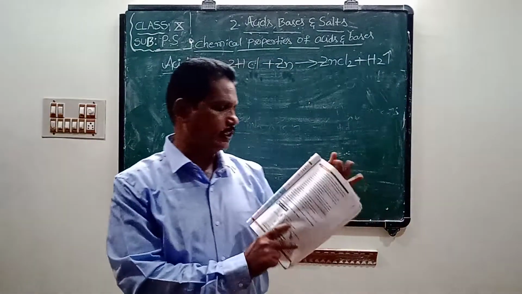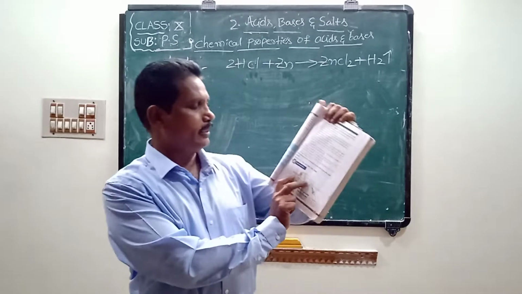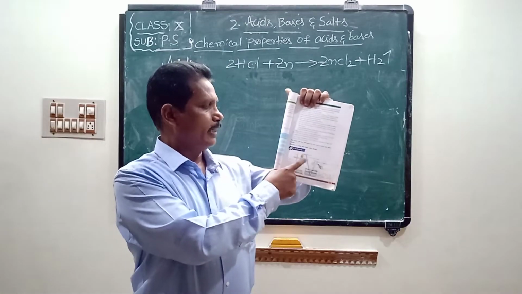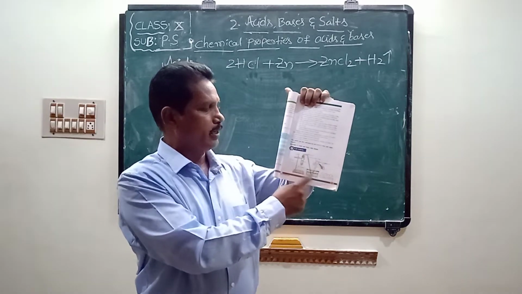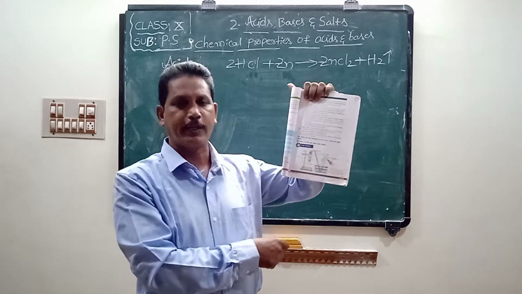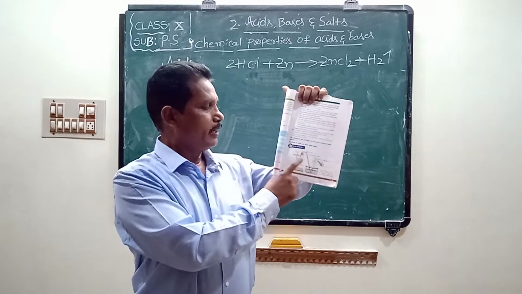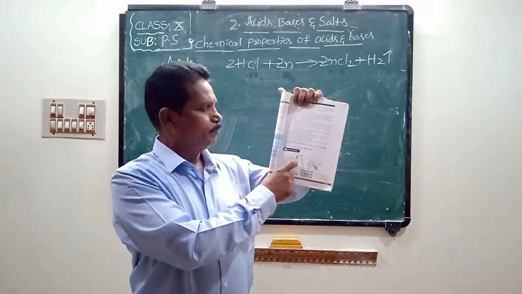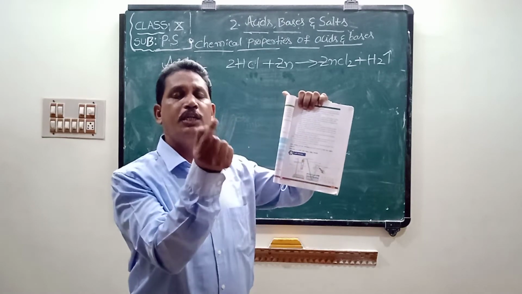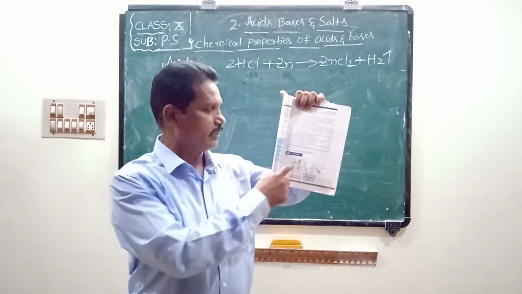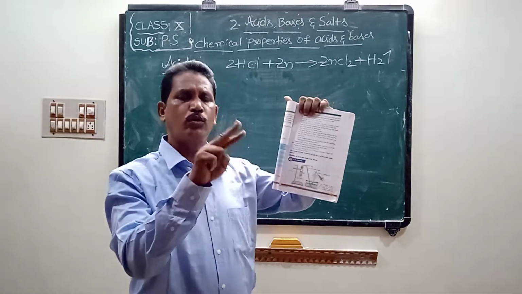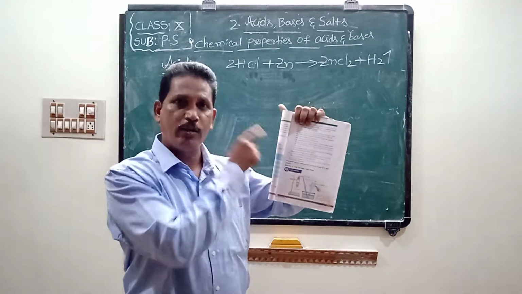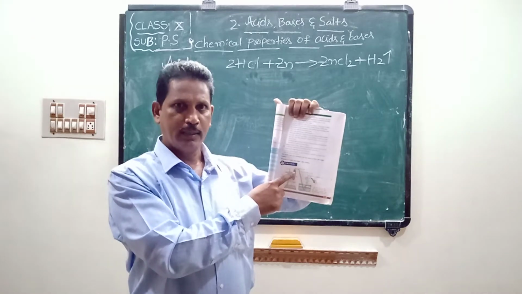Here, see in our textbook, this is the diagram of the activity. This is a test tube, stand, delivery tube, and a trough. This glass trough contains soap water. Take a test tube and place some zinc granules, zinc pieces, in the test tube, and pour two or three drops of dilute hydrochloric acid in the test tube.